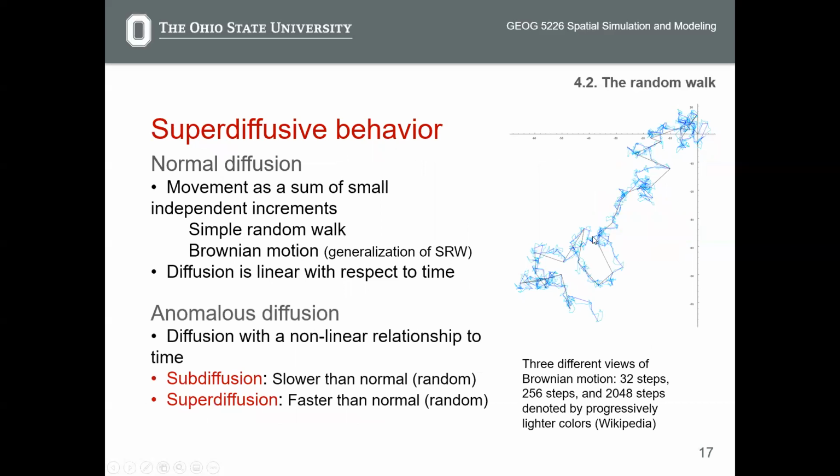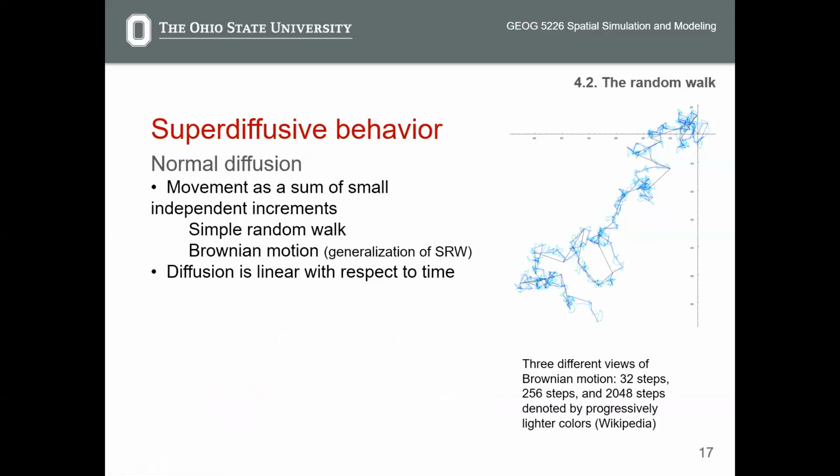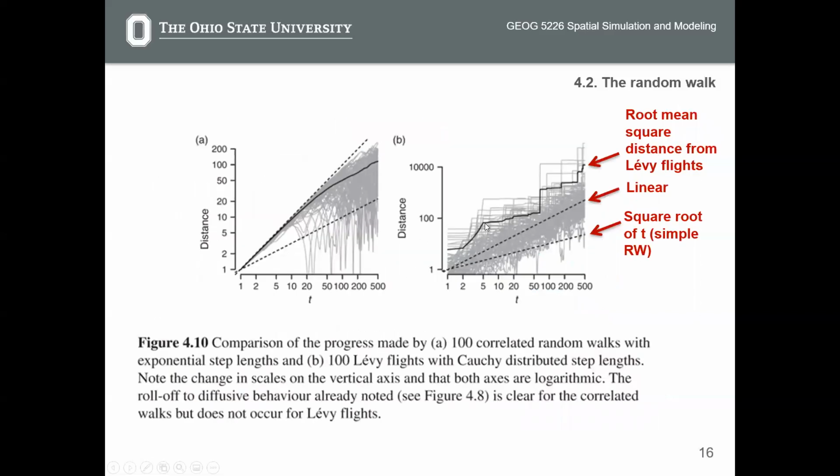But obviously, some movements have higher efficiency than normal diffusion. Some of them have lower efficiency than normal diffusion. So subdiffusion is slower than normal, and super diffusion is faster than normal. So Levy flights are super diffusive behavior. You can also compare them. The solid black line here is the expectation for Levy flights. Obviously, it is very well above this simple RW curve.